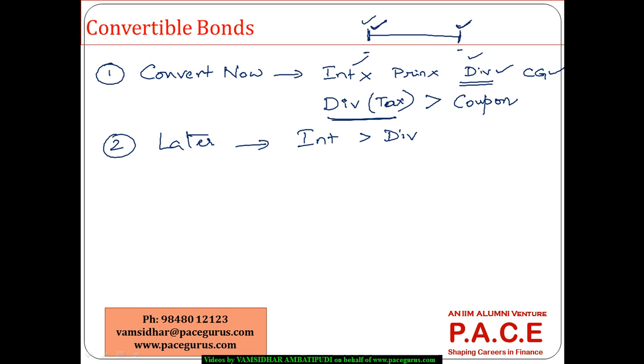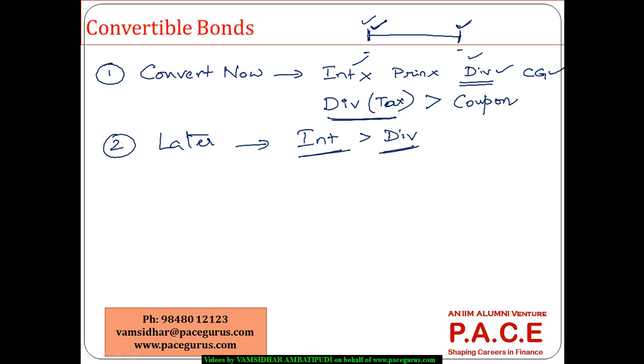Let me receive the interest, which is high on an annual basis. So let me receive the interest until the company starts giving the dividend much higher compared to the interest. And as long as this is the case, I might still continue going ahead with the bond itself without conversion.